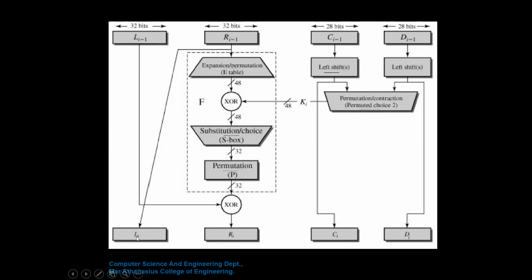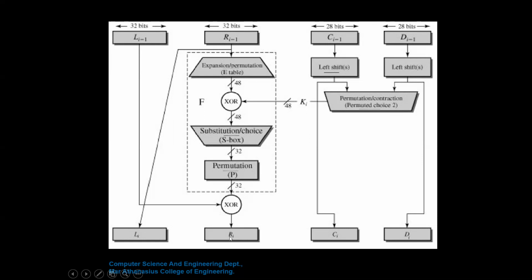So we just inverted the left and right halves. The previous right half becomes the new left half, and the previous left half is XORed with the function applied to the right half, and then we generate the new right half. So this is how the new left and right halves are taken, and these are given as input to the next cycle.